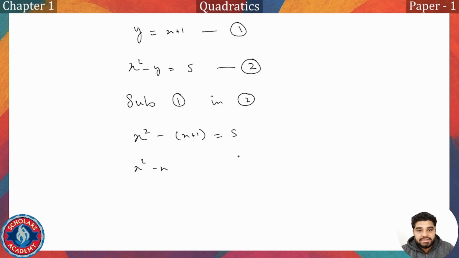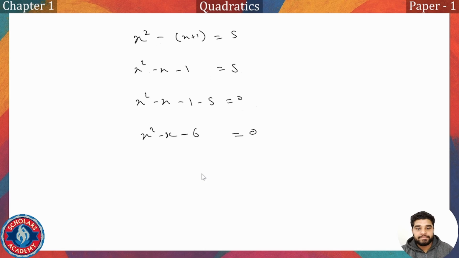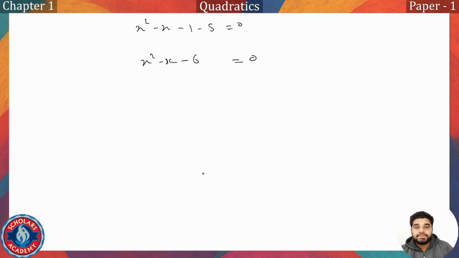X square minus x minus 1 is equal to 5. Now from here we will get x square minus x minus 1 minus 5 is equal to 0. X square minus x minus 6 is equal to 0. Alright, so we'll split this middle term into two numbers whose product is negative 6 and sum is negative 1.